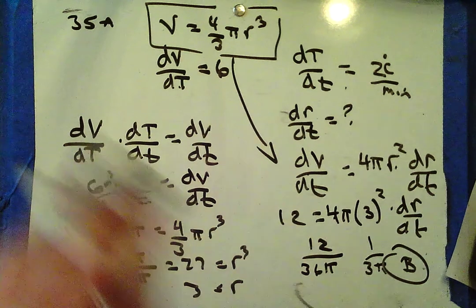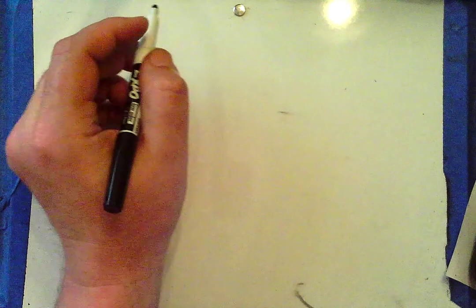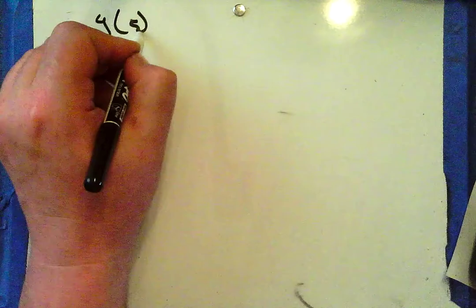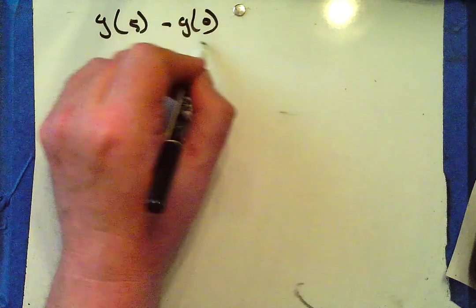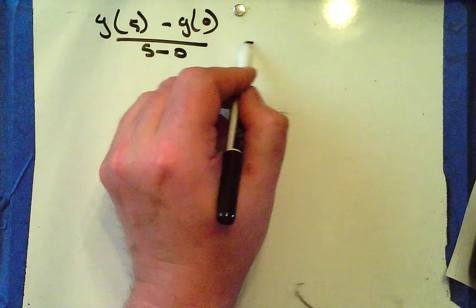Let's take a look at 36. 36 asks us to use the table. What is the average rate of change in G over the interval 0 to 5? So we want G of 5 minus G of 0 over 5 minus 0.